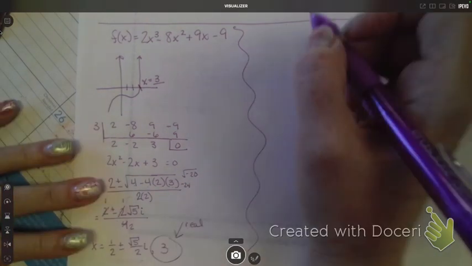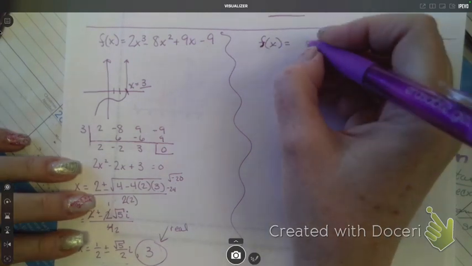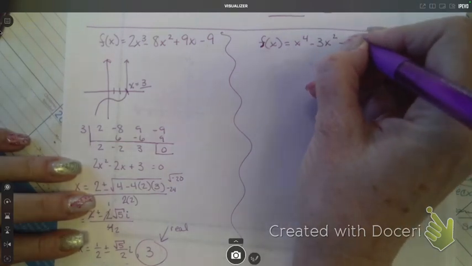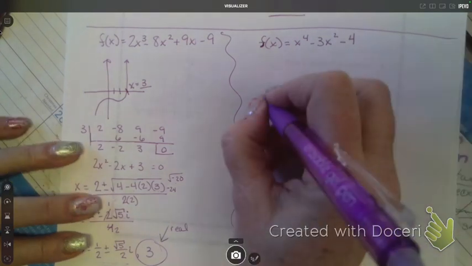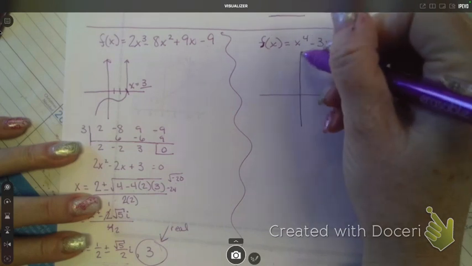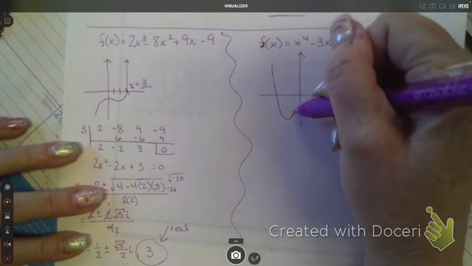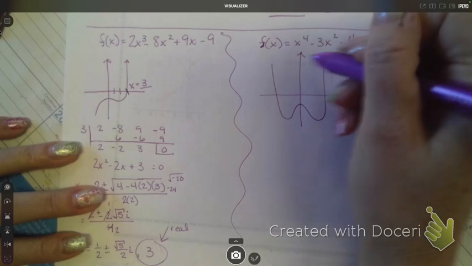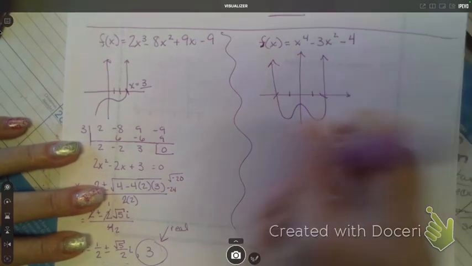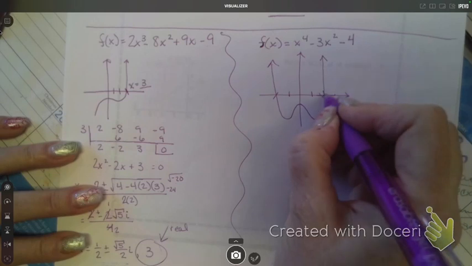Okay, f of x equals x to the 4th minus 3x squared minus 4. And the graph looks like this.